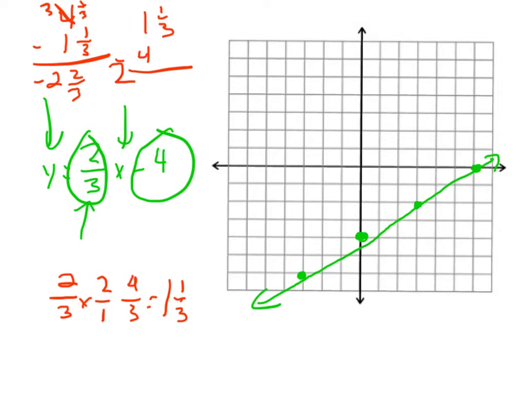Alright, so this is a little bit tricky here, but our x, we put in a 2 right here, and we go down 2 2/3, and we see that's approximately where it crosses. If my line wasn't so crooked right here, then it would go right through there.